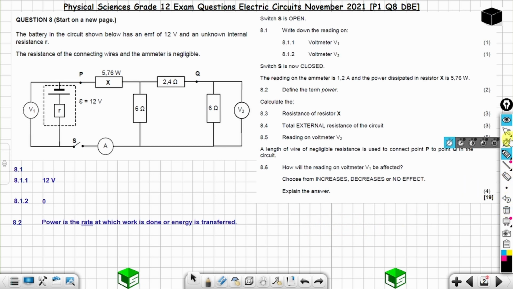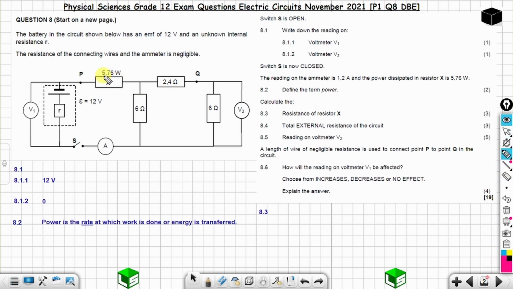Now question 8.3. Calculate the resistance of resistor X. To calculate the resistance of resistor X, you are given the power.